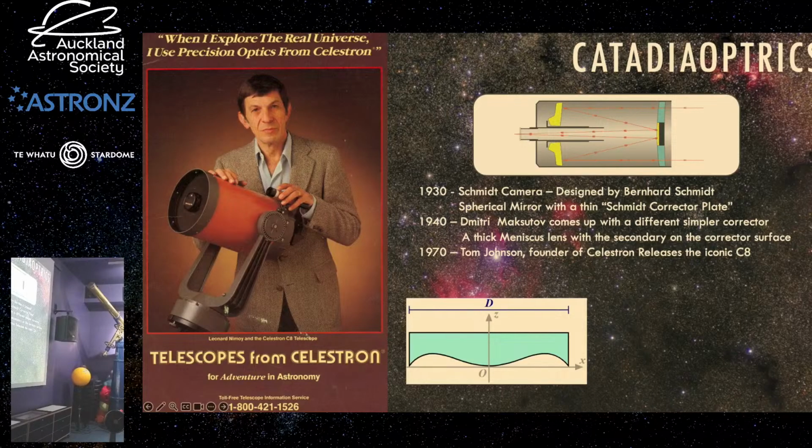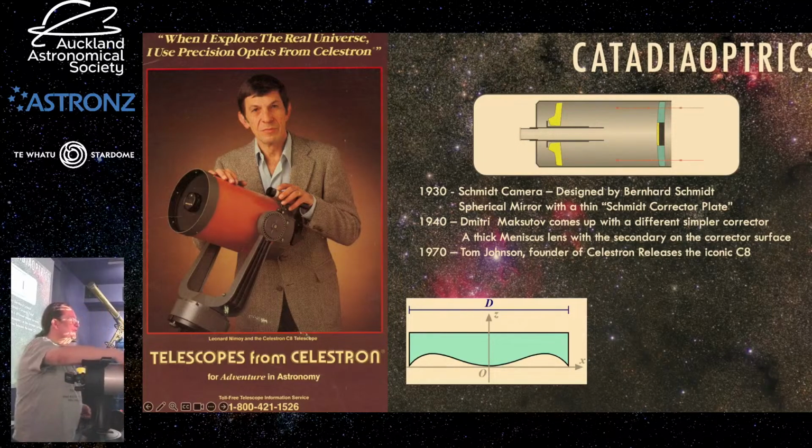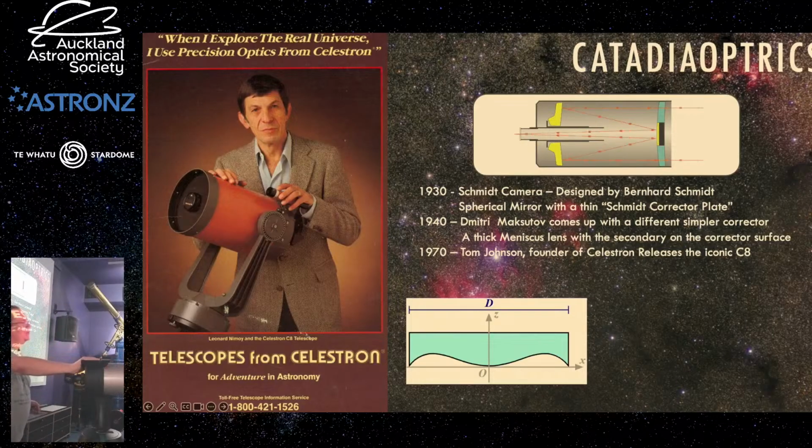To look at a corrector plate, there's one on here. So on there is a piece of glass. That piece of glass is not just a piece of glass, it's actually a very weak lens. What that does, as I said, is correct the figure from using a spherical mirror.